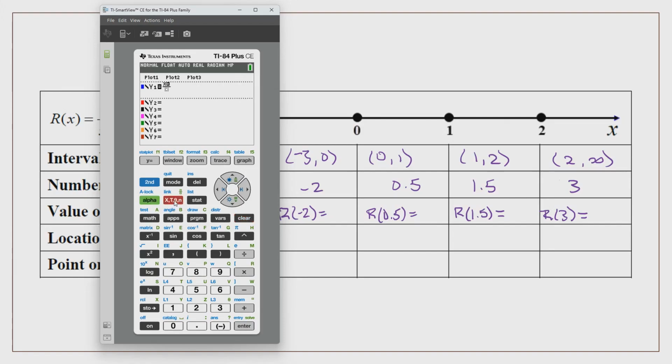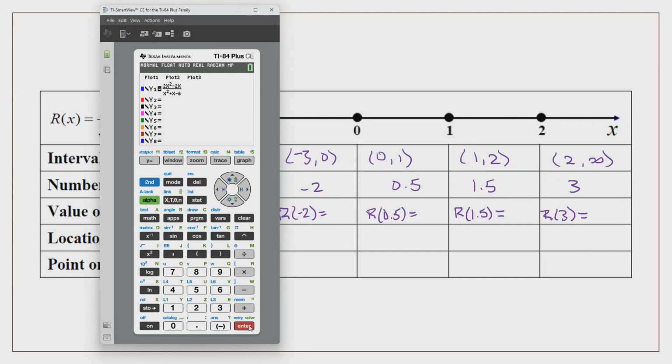So we have 2, I forgot to add the 2 first. 2x squared minus 2x divided by x squared plus x minus 6.